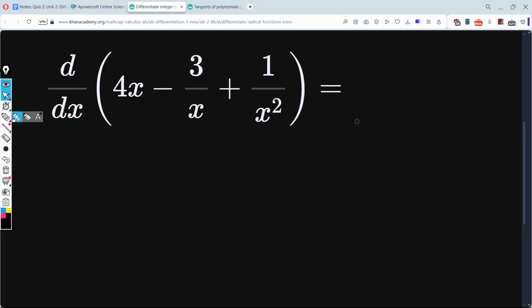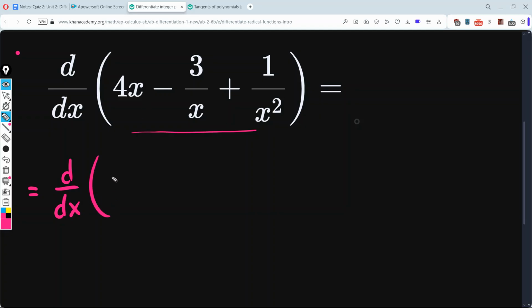All right, so they want us to differentiate or find the derivative of this function here. And like we said in the notes, your best bet is to change these into negative exponent form. So this is going to equal the derivative.